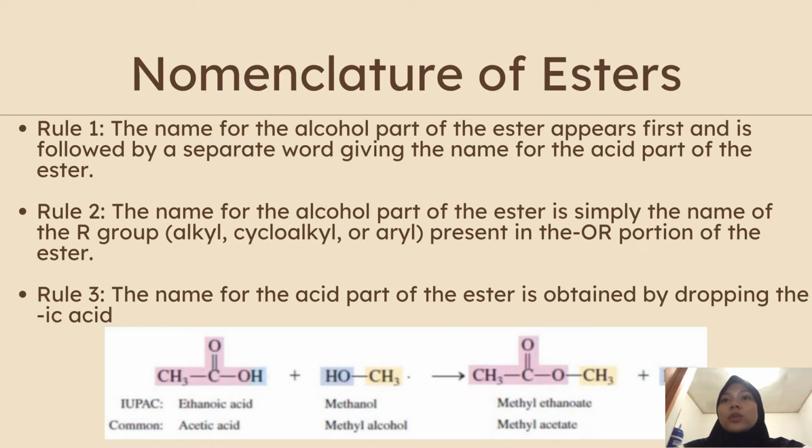We are not going to adapt the ethanoic because we'll have a common name of acetic acid. Dropping the IC acid and adding ATE, acetic acid will become acetate. So methyl ethanoate is the IUPAC name and the common name is methyl acetate.